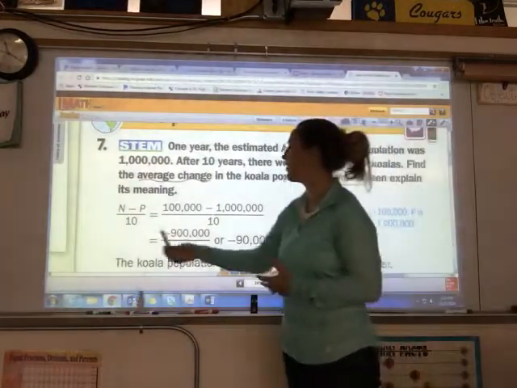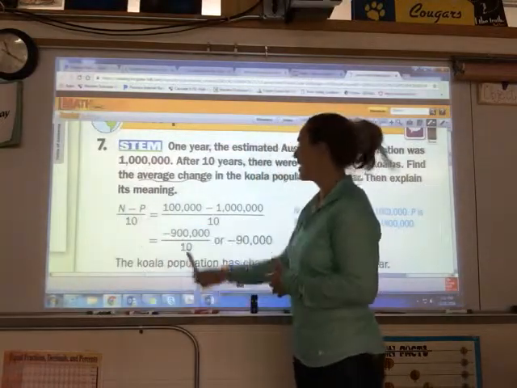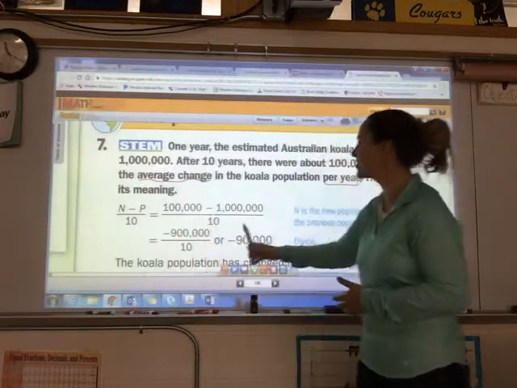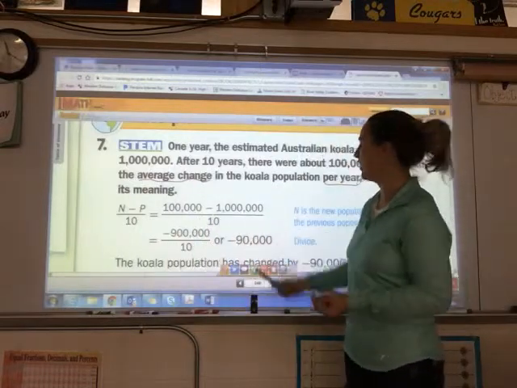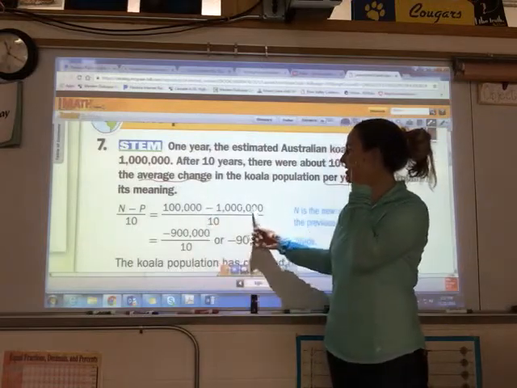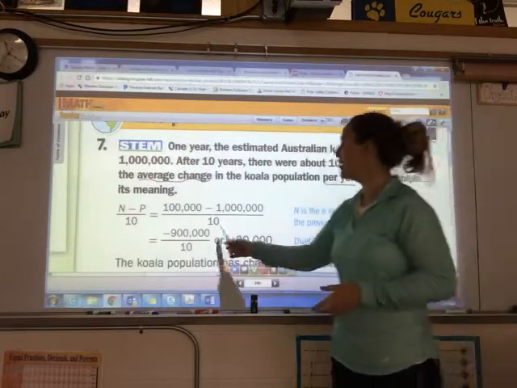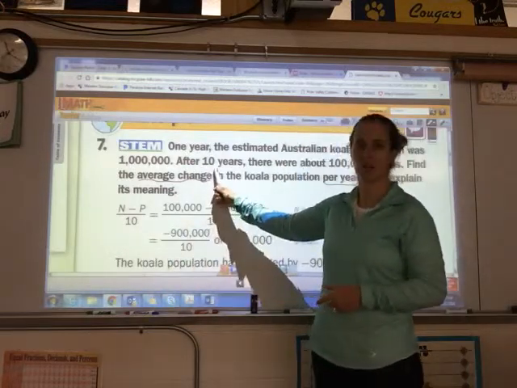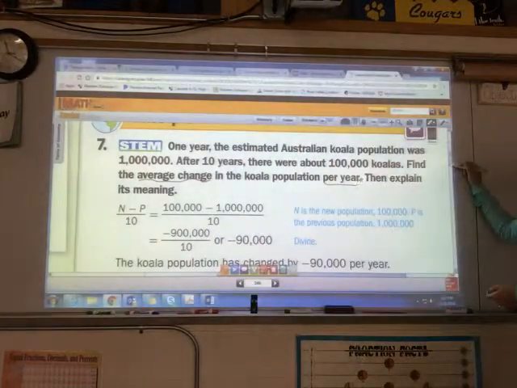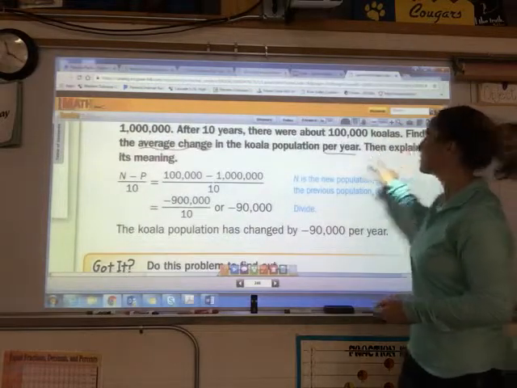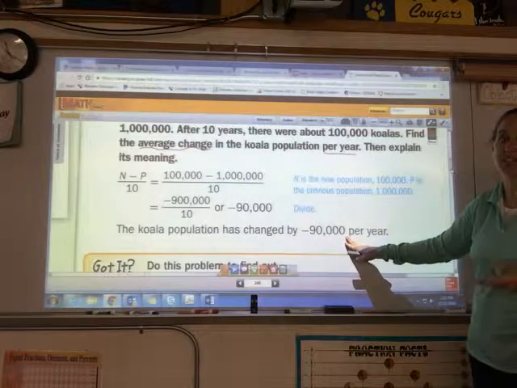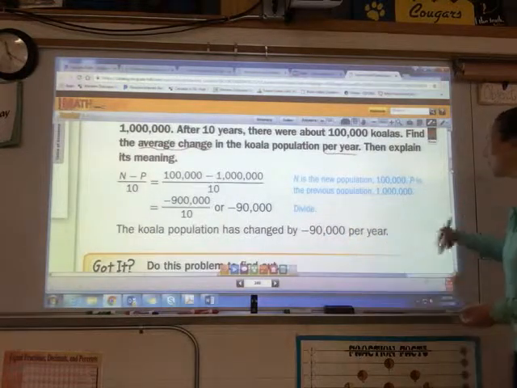The new population of the koalas is going to be 100,000 minus your original one, 1 million. We know they're going down, so this should be a negative number. So I'm taking 100,000 minus 1 million, and I get negative 900,000. Divided by 10, because there was a period of 10 years, we end up with negative 90,000. When I explain its meaning, it means that the koala population has decreased by 90,000 per year.